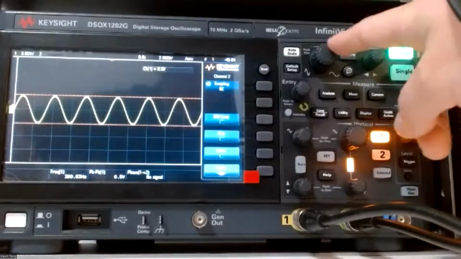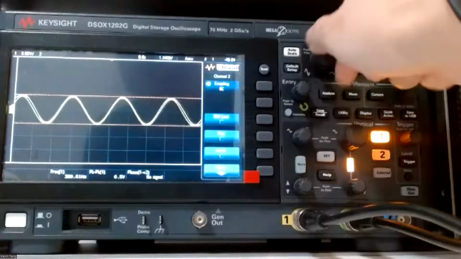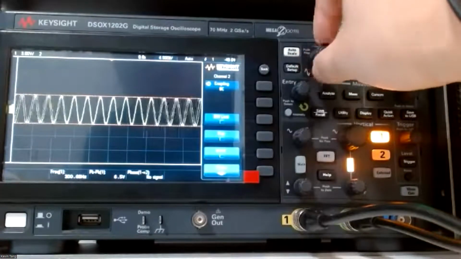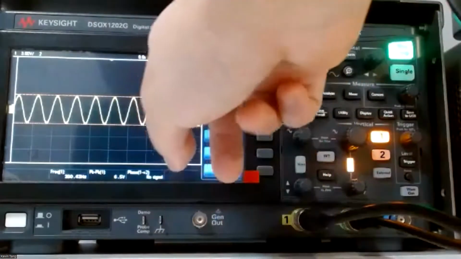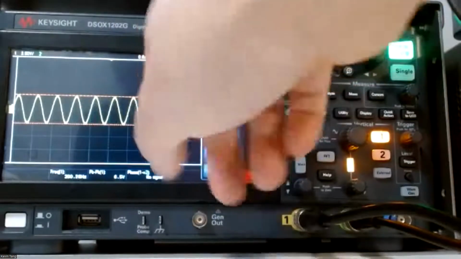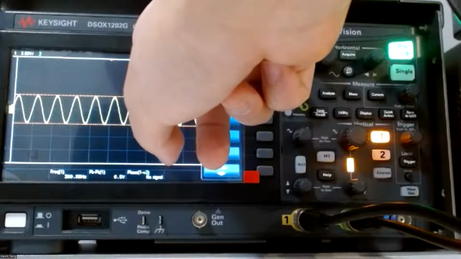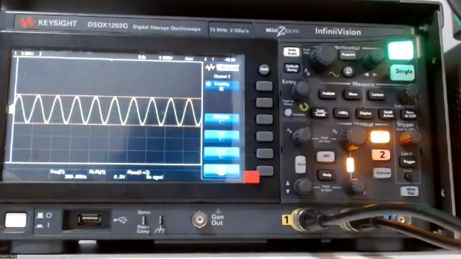Now we're going to see the horizontal knob. When you turn it, you can expand the wave, and when you turn the other way, you can shrink it. Same thing as we did on the Multisim. Remember the scale part, the 3 different scale knobs are very important. So you can see now it's 3.3 milliseconds per block, so each block is 3.3 milliseconds.